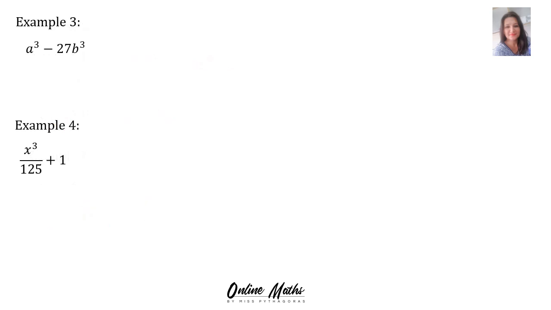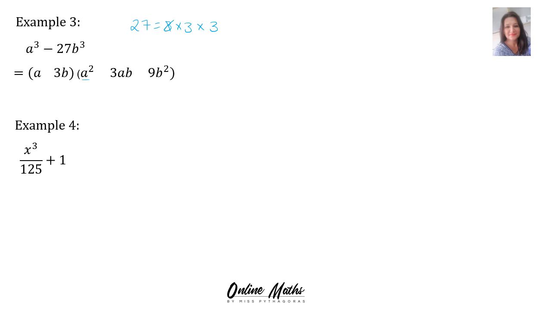Example 3, factorize. On that one, my advice to you is for the 27, write it as 3 times 3 times 3. Then in your small bracket, you put one a and one of the 3's and a b. Then in your big bracket, what's left?